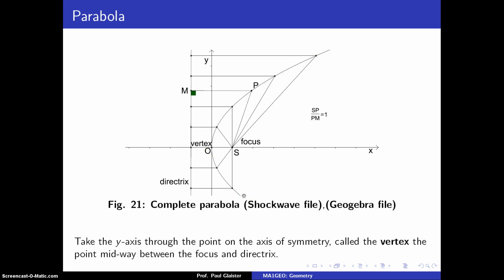Very familiar to you, except you normally draw your parabolas as a U shape like this, and this is exactly the same shape but just turned on its side. So as I said before, this lowest point, the point to the left on this diagram, is called the vertex. It's at the origin.